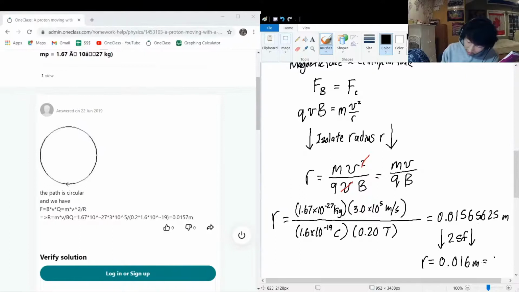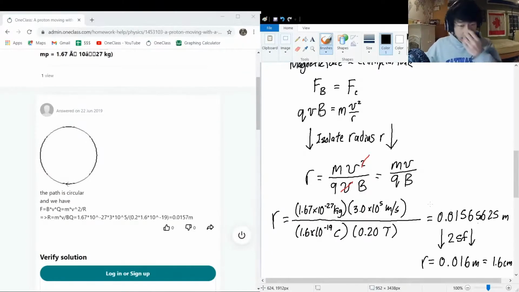Another way you could write that is 1.6 centimeters. That is a radius about the size of a piece of corn. So the radius of this circular path is about the size of a piece of corn, 1.6 centimeters. Pretty small, but pretty good.